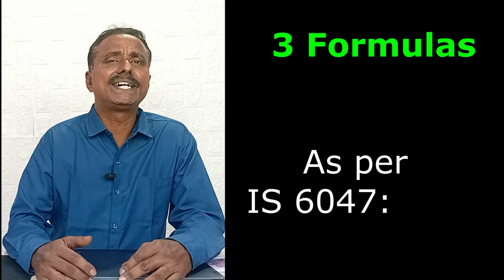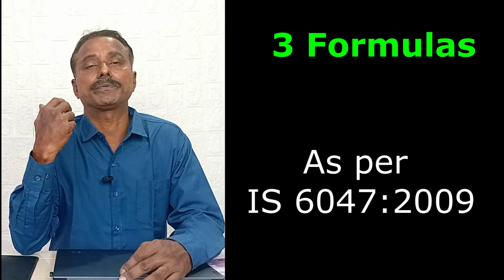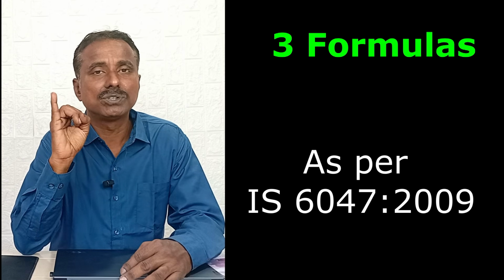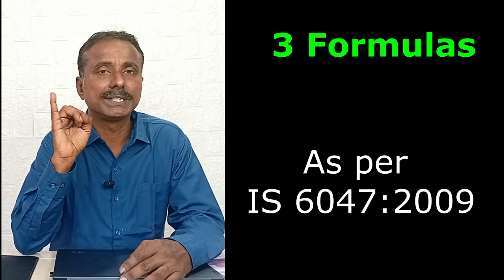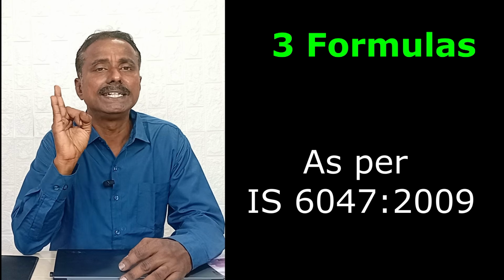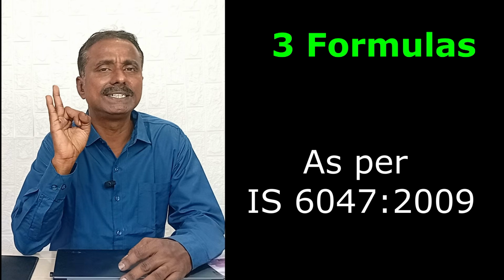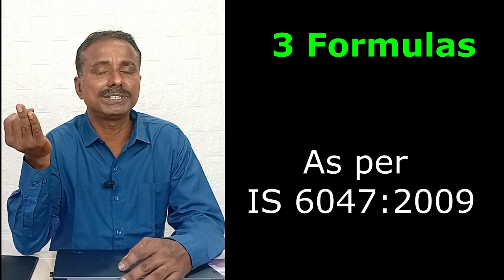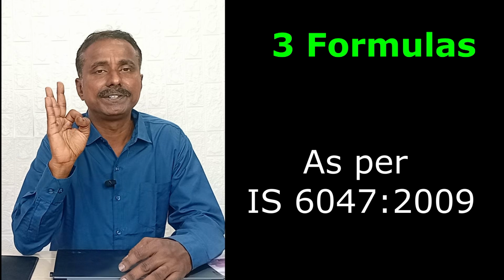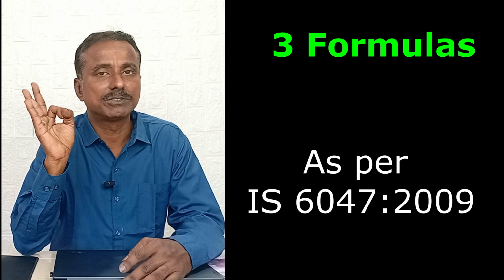Based on these guidelines, we have developed three different formulas for dishwash bar. One is a low cost dishwash bar formula. The second one is a standard quality dishwash bar formula. Its cleaning performance will be equal to that of any of the branded dishwash bars available in the market. And the third one is a premium quality concentrated high performance dishwash bar.